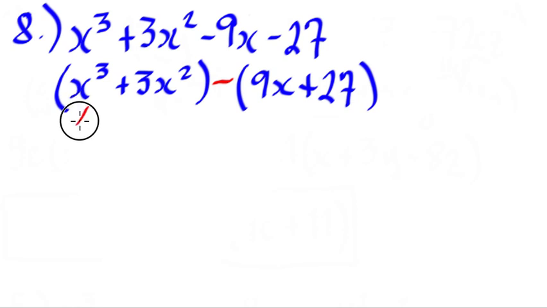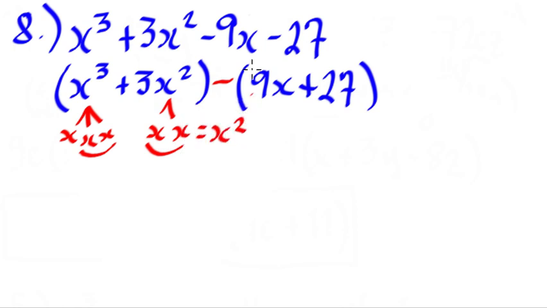So again, recall x cubed is x times x times x, and x squared is x times x, and we can see that the common is two x's, which is equal to x squared. So therefore, our common monomial factor in this group is x squared. So what is left after taking out x squared?